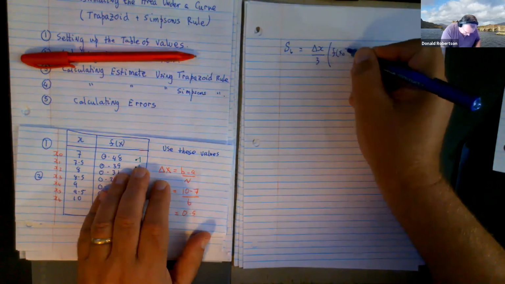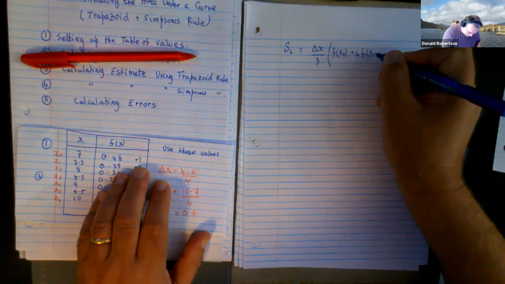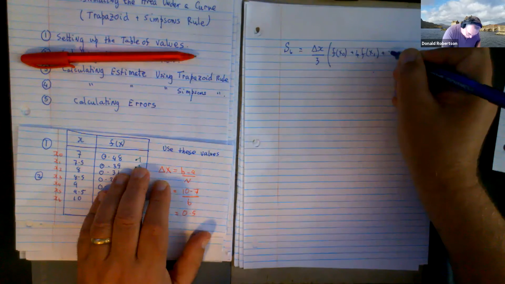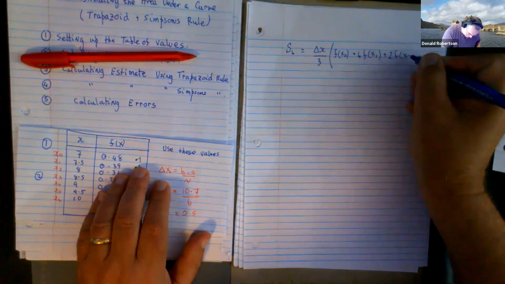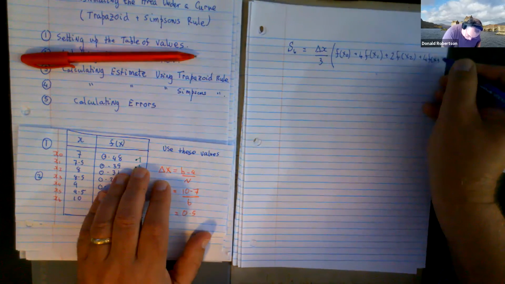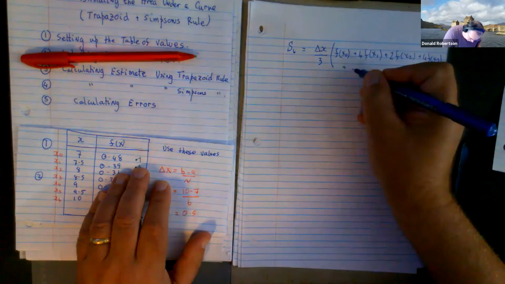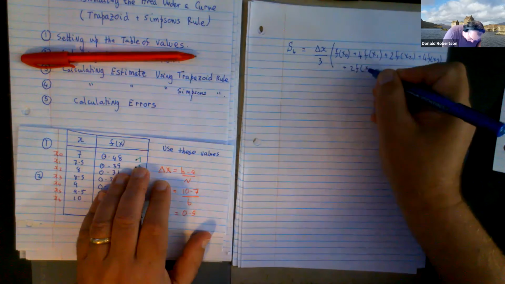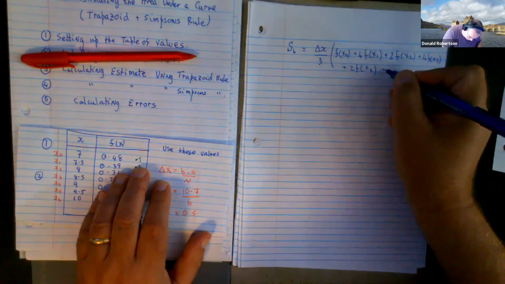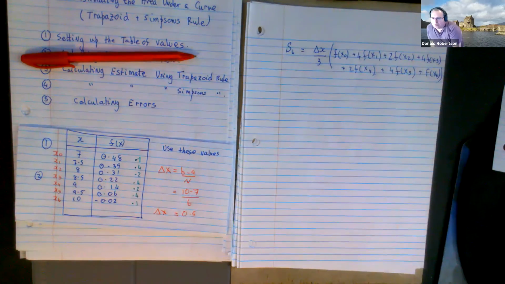It's 1 of the first guy, 4 of the next guy, then 2 of the next guy. Then it's back to being 4. And you do this 4, 2, 4, 2 pattern. So here's 2 of this guy, 4 of this guy, and then you finish with 1 of the last guy. So you can think of that as a 1, 4, 2 pattern.